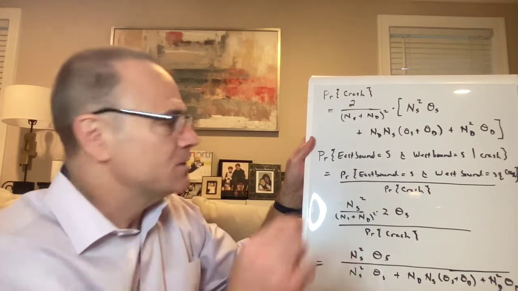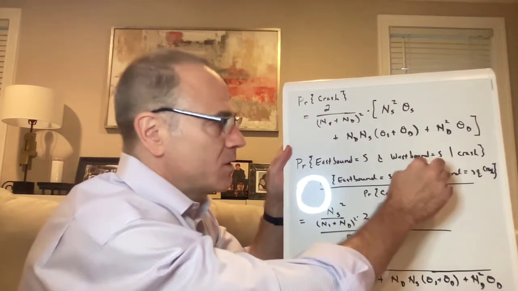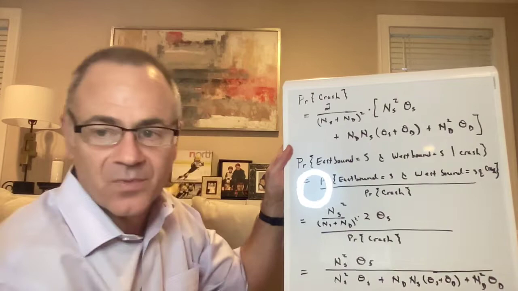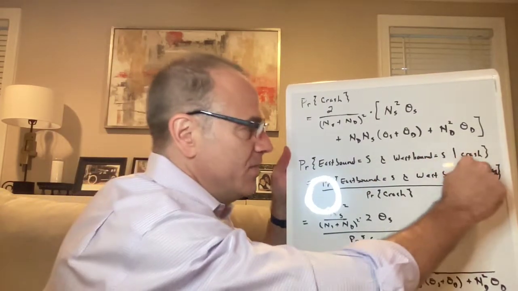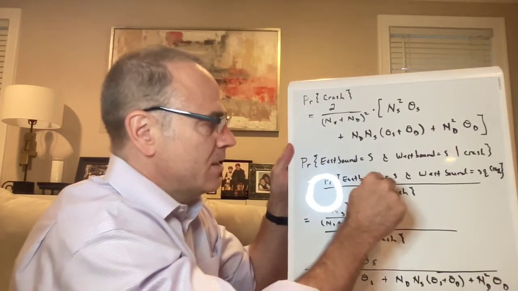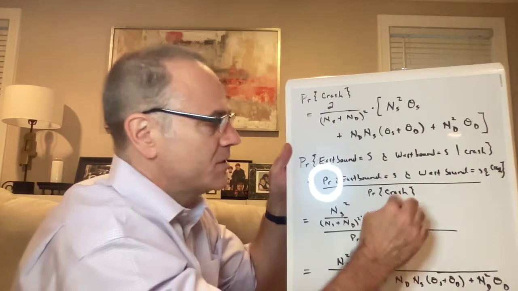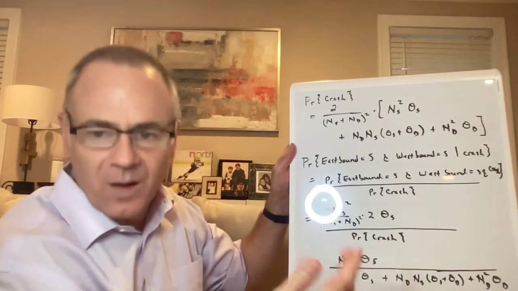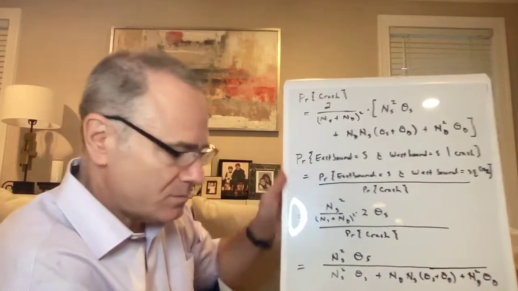That is the probability eastbound driver sober and westbound driver sober given a crash. Bayes' law says we can rewrite this term as the probability eastbound driver is S, westbound driver is S, and a crash occurs, divided by the probability of a crash.